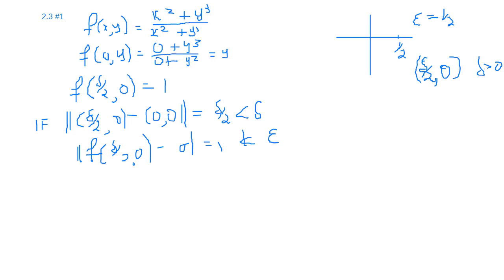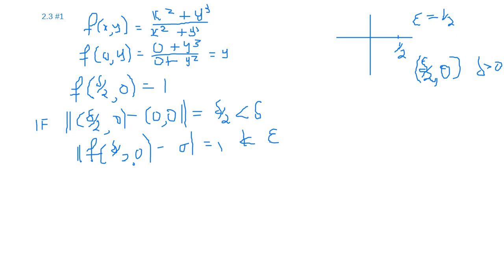So you have to go to first principle, that for a certain epsilon, there's no delta that you can find such that if the distance between the points x, y, and 0, 0 are less than delta, the function is less than epsilon. Here's an example of a particular epsilon you can choose for which you cannot find anything that will work. So that's using the definition.